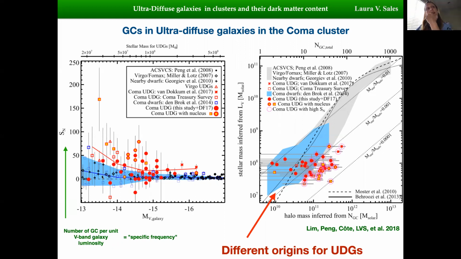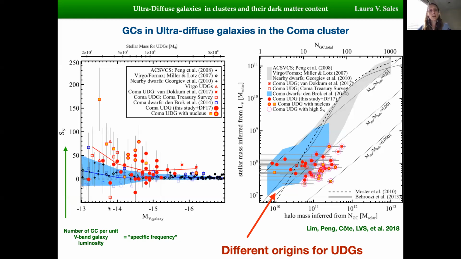And so the first thing that stands out is, oh yes, they do have very high specific frequency as was found before in individual objects. However, may I draw your attention to the fact that there is a very large scatter. So although it is true that a lot of them have quite significantly high specific frequency, a lot of them are also very consistent with just the normal population of dwarfs, and some of them have 0 globular clusters associated to them.